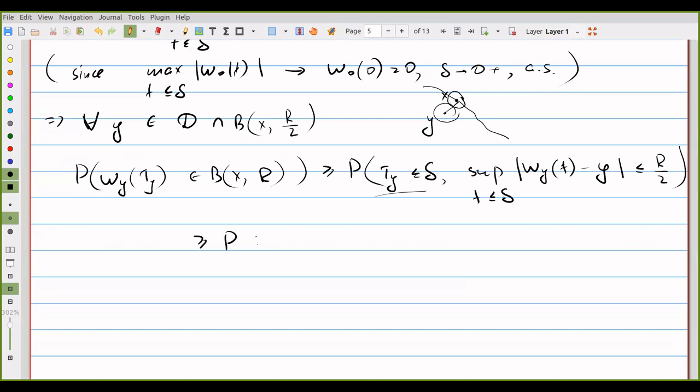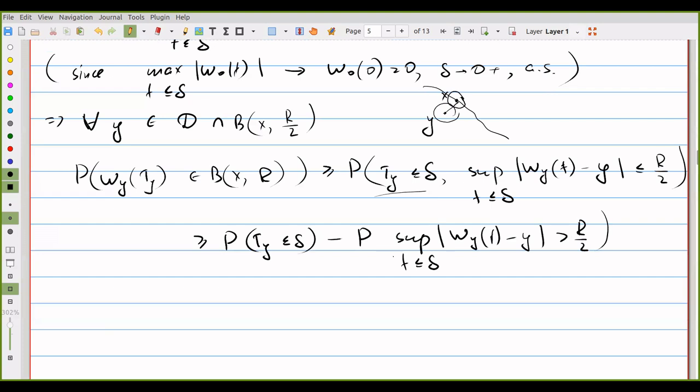And the idea is now to decompose this analysis into summands. This is condition A, this is condition B. P of A intersect B is greater than P of A minus P of A intersect B complement, and I just remove A, so this gets bigger even.